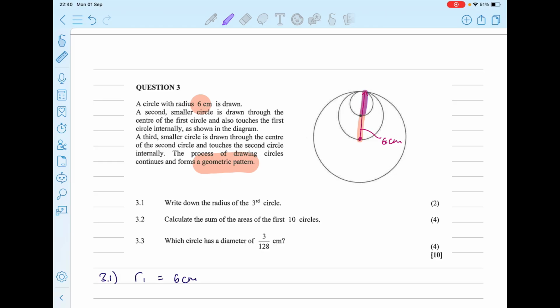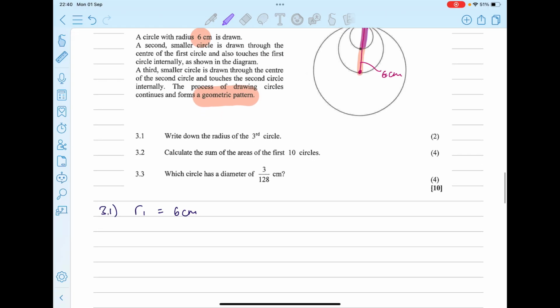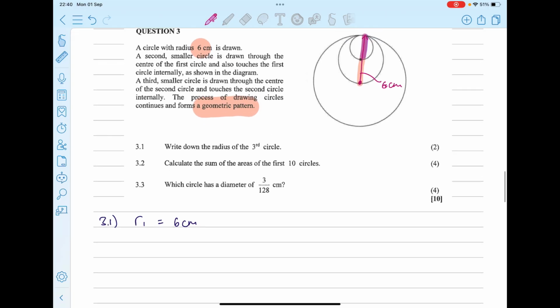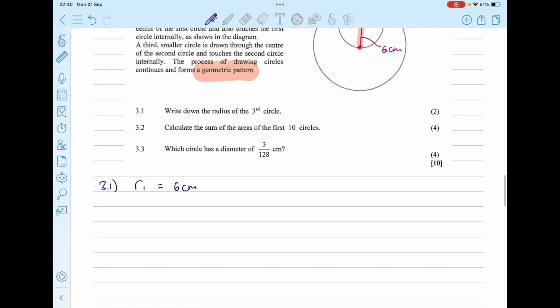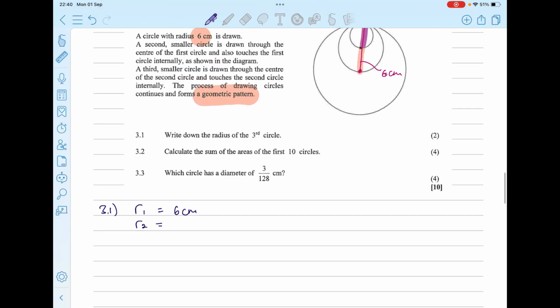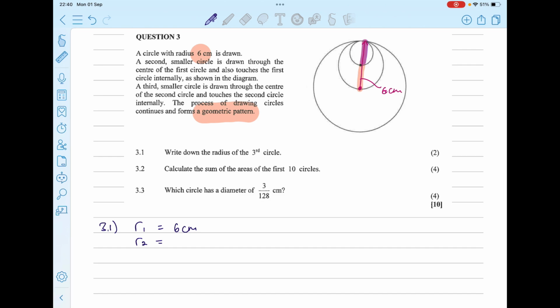What we can see is that the radius will be half of the previous radius. So over here, for R2, the radius will be half of that one.